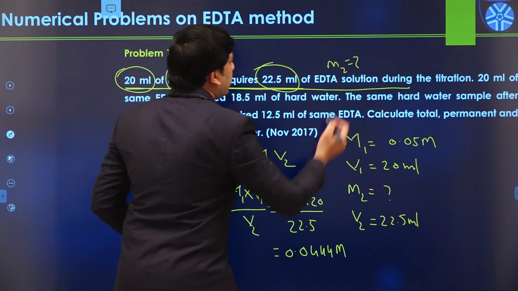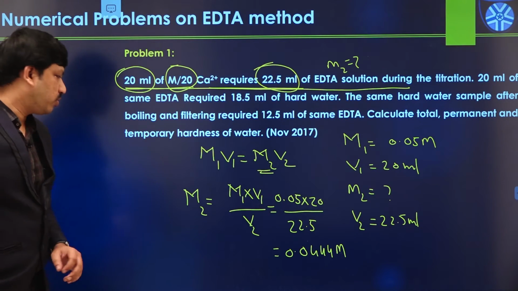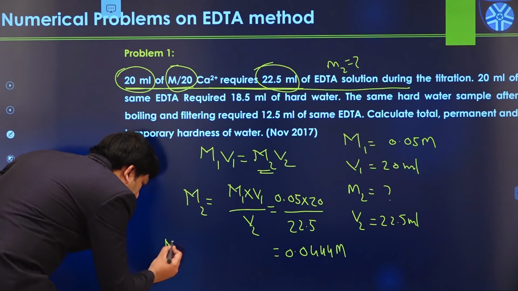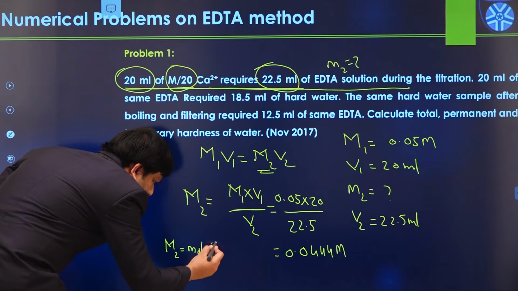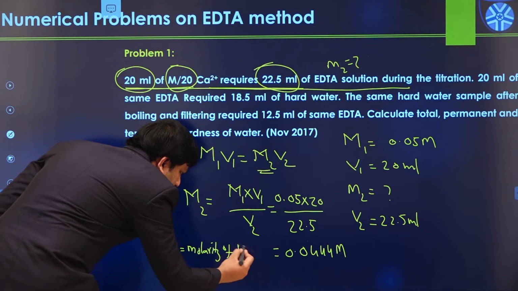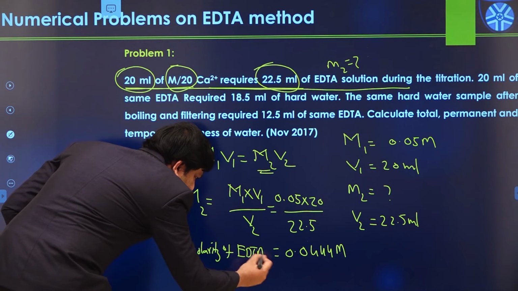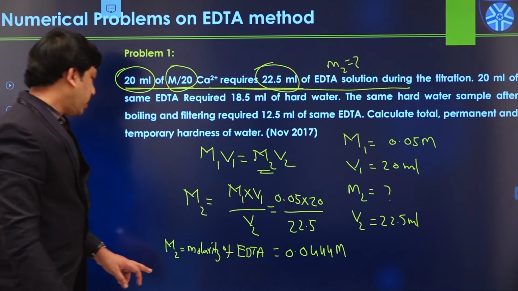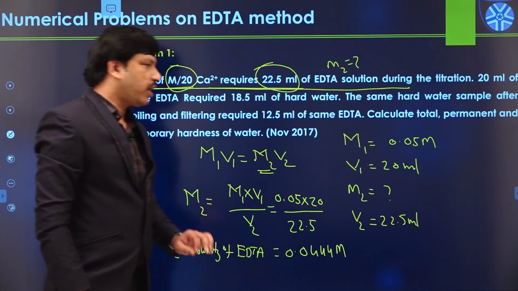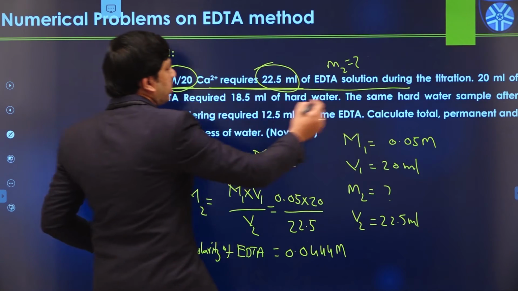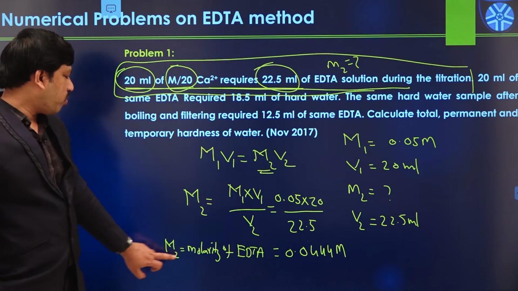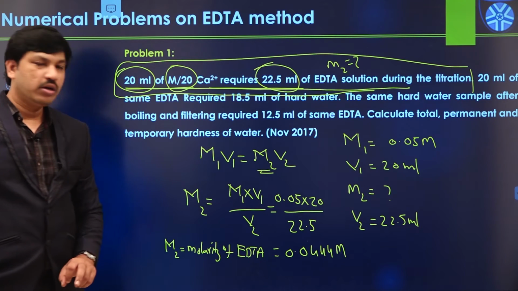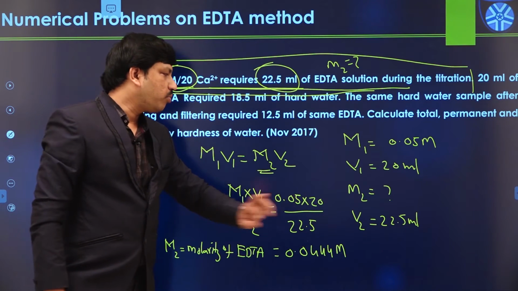M2 is the concentration of EDTA solution, so M2 is equal to the molarity of EDTA solution, that is 0.0444 M. So this first part is over. From this statement we have measured the molarity of EDTA solution, 0.0444 molar.